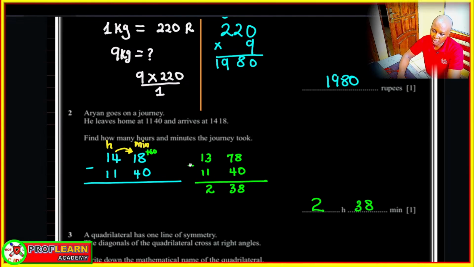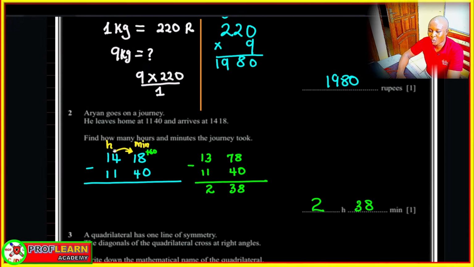And the second question was a question to do with time, how many hours the journey takes. Remember, you are going to take the arrival time minus the departure time so that you can get the answer. You need to remember that if you have fewer minutes, for instance, here you have 18 minutes and you're supposed to subtract 40.